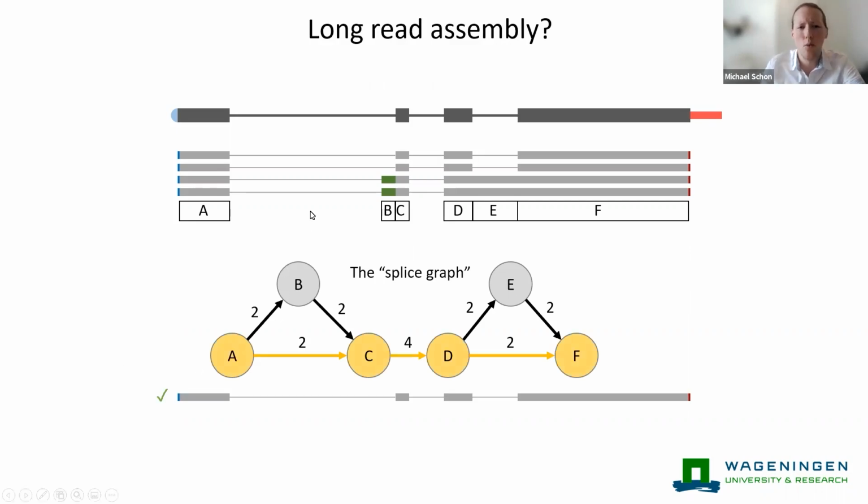Let's illustrate what these molecules look like. We have two of one isoform and two of another, where this alternative acceptor site is present in the lower two molecules, as well as an intron retention event. We can imagine if we build a splice graph from these four molecules, that you could draw a path that goes from A to C to D to F. That's a path that represents this top isoform here.